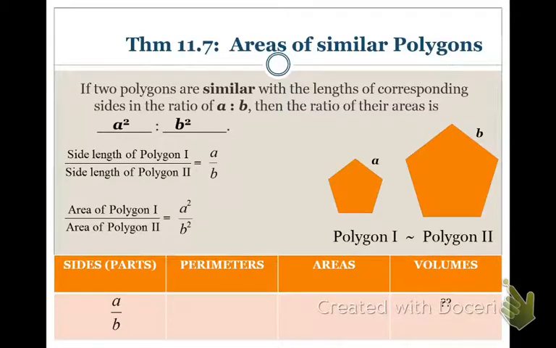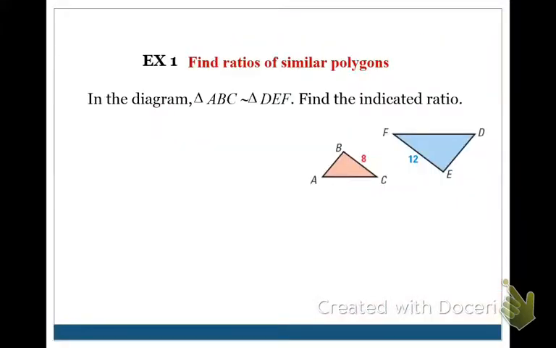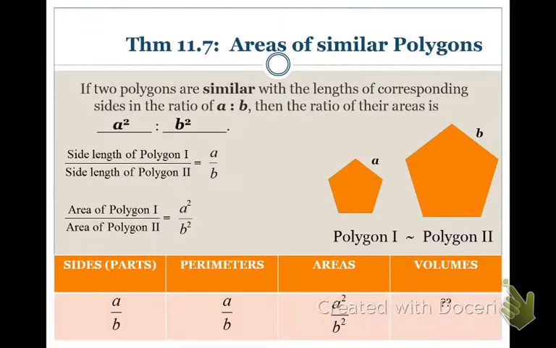They're similar. Perimeters are going to have the same ratio as the side length, A to B. Their areas will have a ratio of A squared to B squared. And their volumes are going to be A cubed to B cubed, but I don't think we get into that in this section. Volumes would just be cubed.